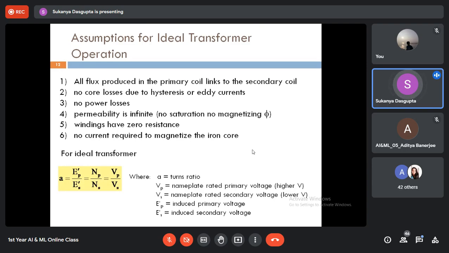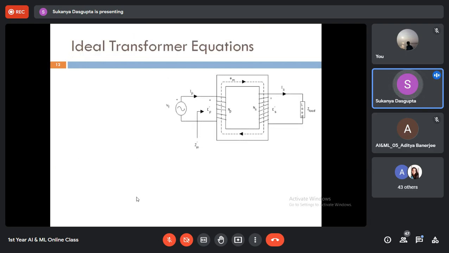So in an ideal transformer, the turns ratio is defined by this relationship NP by NS, the number of primary turns divided by the number of secondary turns, or the ratio of the primary voltage divided by the secondary voltage, A, small a. Sometimes it is also denoted as small n. A is the turns ratio of the transformer, a very important factor in a transformer. Because based on this factor, many other parameters are to be studied.